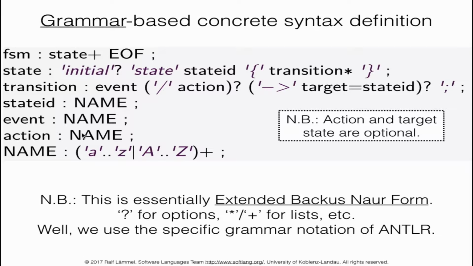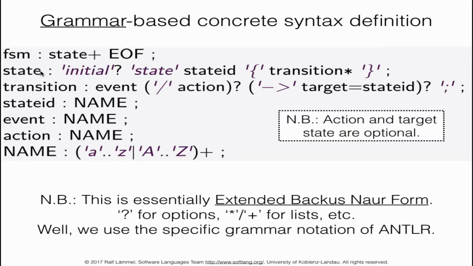So these are productions. They always have a left-hand side, namely the syntactic category, we say non-terminal, being defined, and they've got a right-hand side after the colon, and that's how the syntactic category is structurally defined. So we just go through the rules. A finite state machine, FSM, is a non-empty sequence of, let's say, state declarations followed by the end of file character.